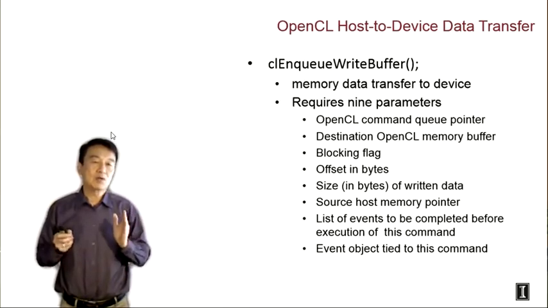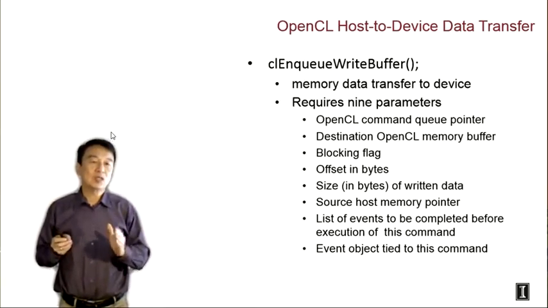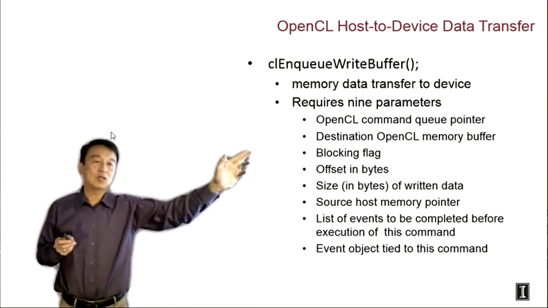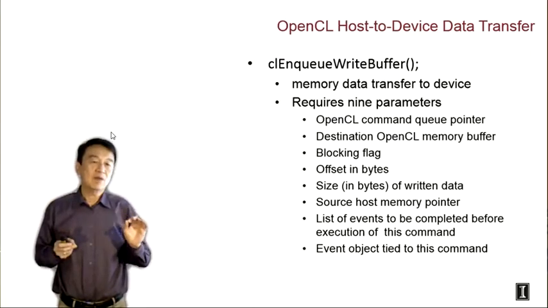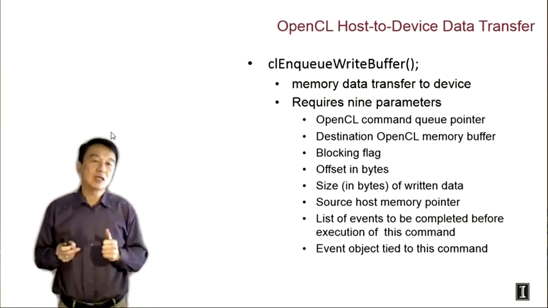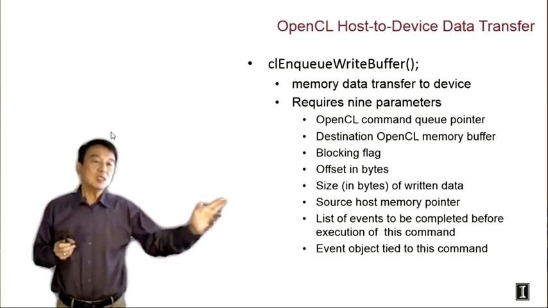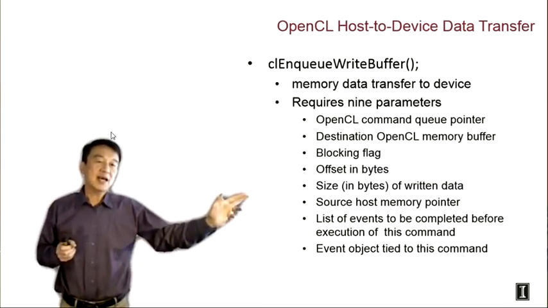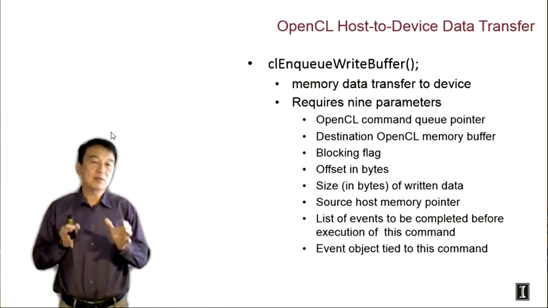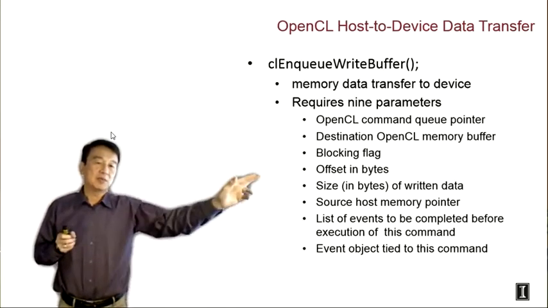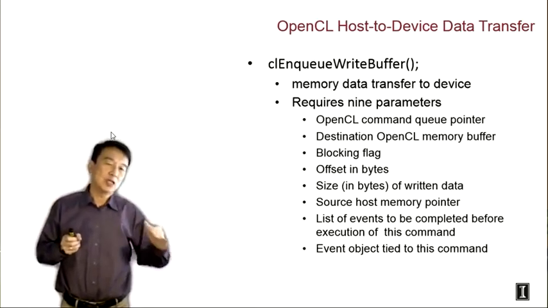We provide the destination pointer in the OpenCL buffer, but we can also set a number of bytes into that buffer where we're actually going to write. This is the concept of a sub buffer in a bigger device buffer. Then we have the size of written data in bytes. We need to specify the number of bytes that we will write starting from this offset location and onward.